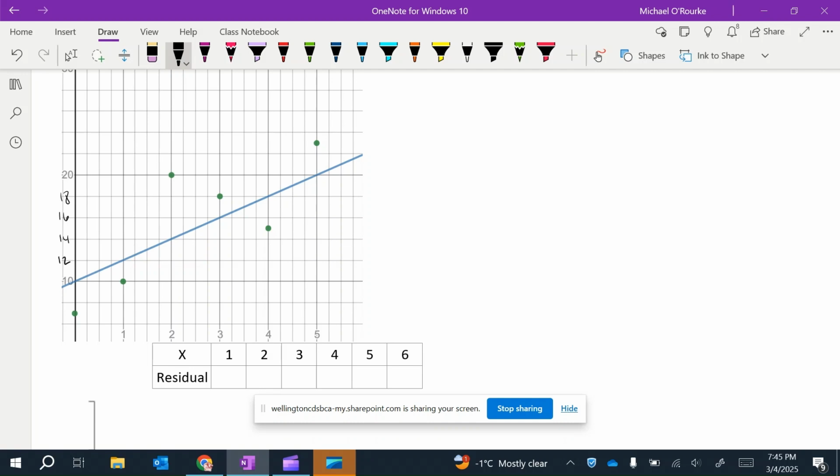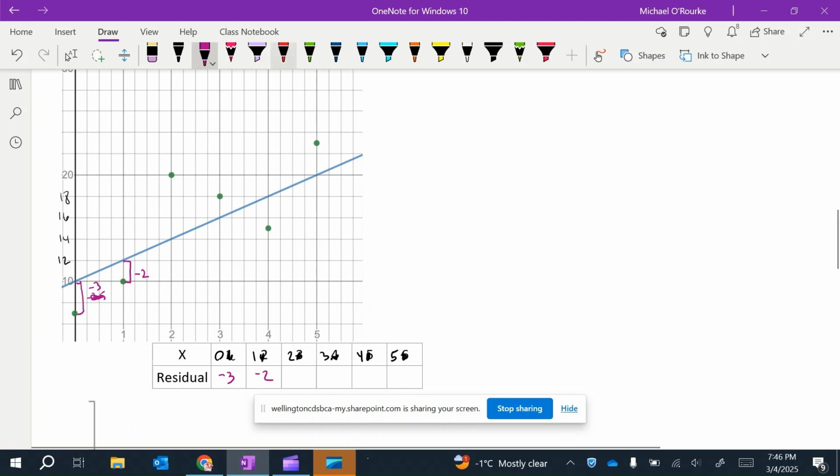I messed this up earlier, this should be 0, this should be 1, 2, 3, 4. If I go to my first dot on 0, I measure the space between here and here, and that is minus 2.5, so minus 3. It's 3 numbers down, so I'd write a minus 3 here. Here, it's 1 chunk down, so that's minus 2.